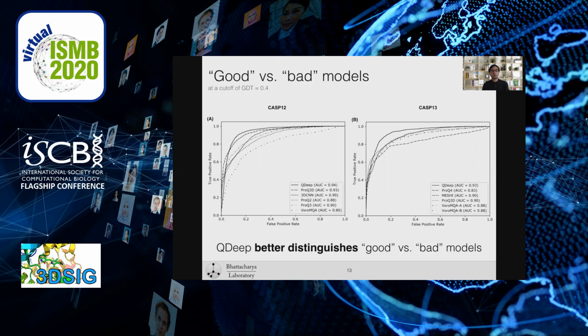We studied the ROC curve and computed the area under the ROC curve for quantitating the performance. Once again, we see QDeep performs better than other methods in both CASP12 and CASP13, demonstrating that it has better ability to distinguish between good and bad models.